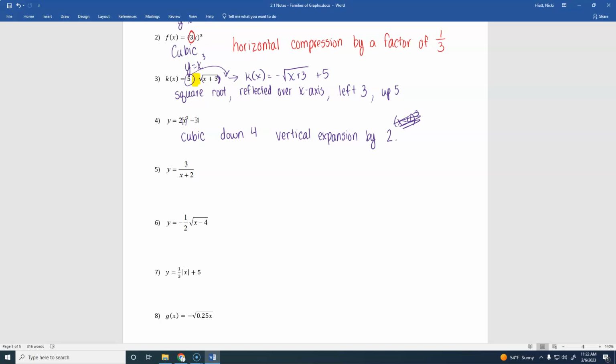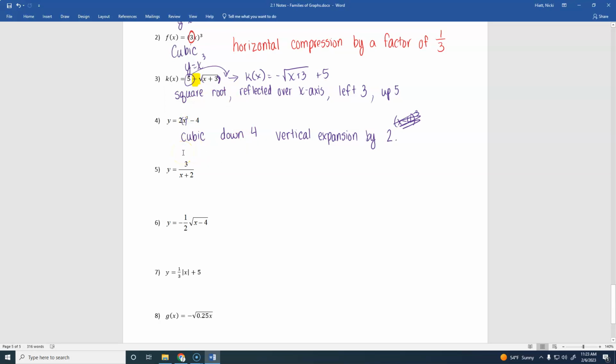Right. It's outside of any type of parentheses there. When things are on the outside of the parentheses, a big number is going to make the graph bigger. Right? So it expands, and a small number will make it smaller. It compresses. Whenever it's on the inside of the parentheses, that's when that gets flipped. Big numbers make it smaller, small numbers make it bigger.